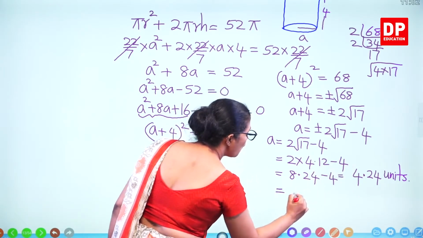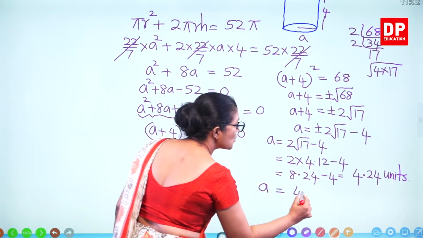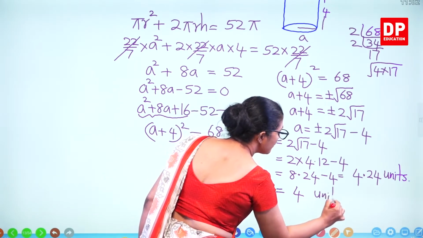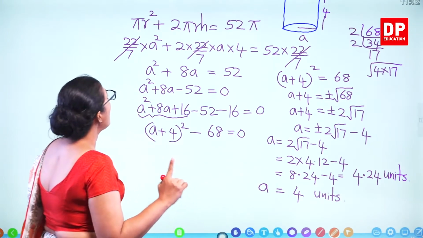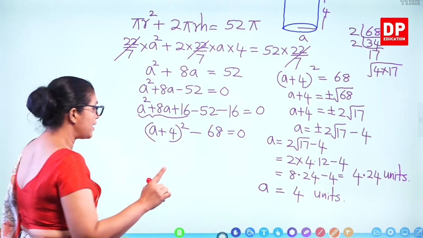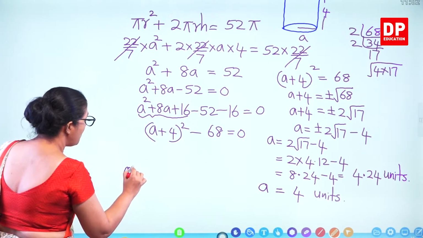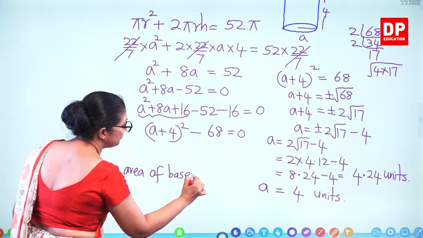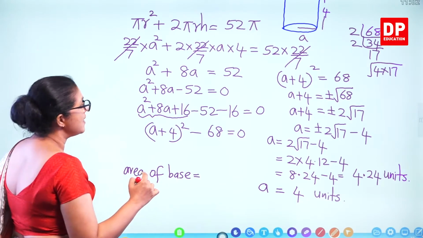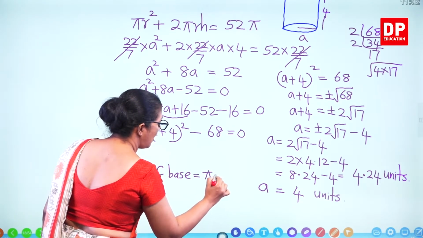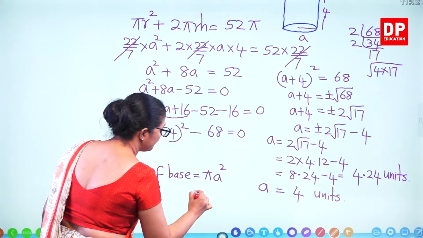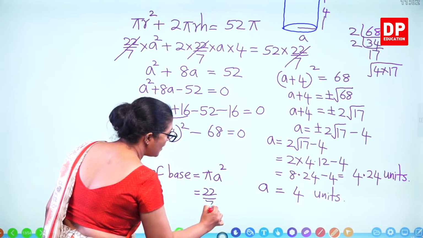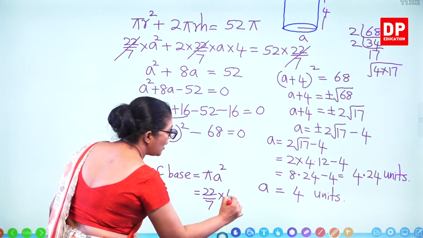The whole number is 4. A equals 4 units. And now they are asking to find out the area of the base. Area of base is pi r squared, meaning A squared. 22/7 into 4 into 4.